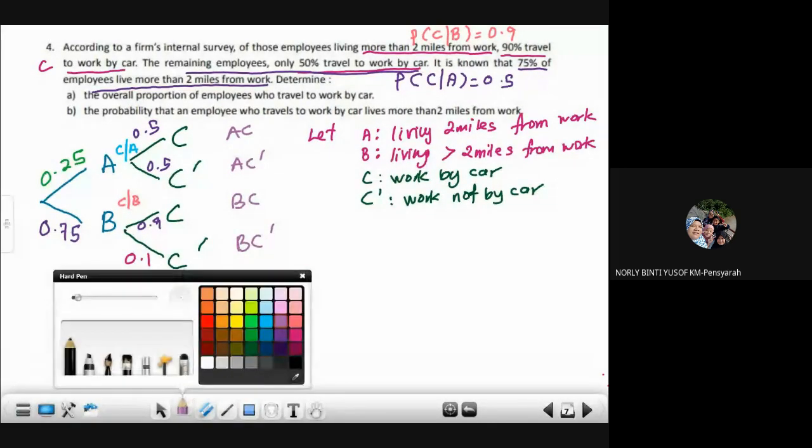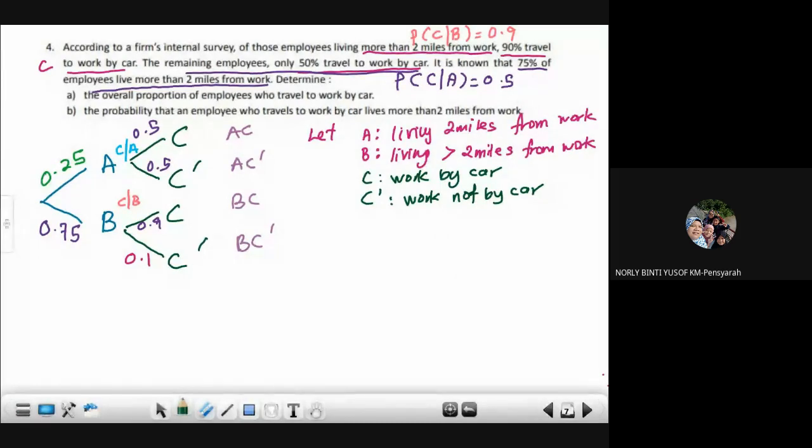Then you calculate based on the equation probability that asked. So first, determine the overall proportion of employees who travel to work by car. So dia nak probability of car. Tak kisahlah dia live 2 miles from work ke ataupun more than 2 miles from work. So you nak cari untuk A, probability of car.